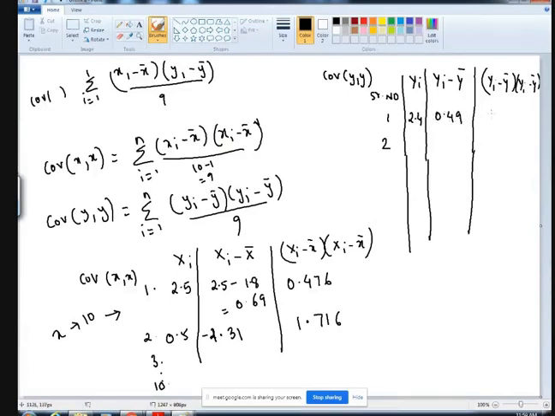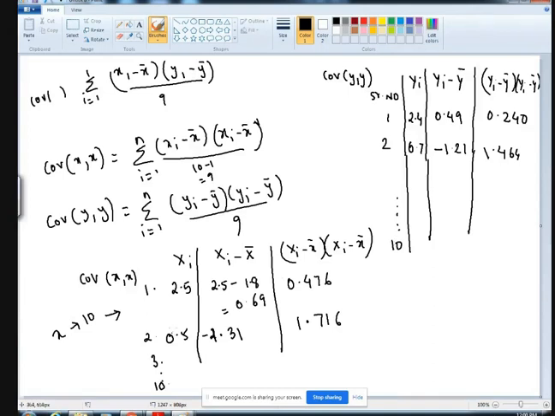Now you multiply 0.49 by 0.49, so that will give you 0.240. Similarly, for the second instance, you're going to find out 0.7. The answer you get is minus 1.21, and this will be 1.464, and so on till 10 you're going to find out.